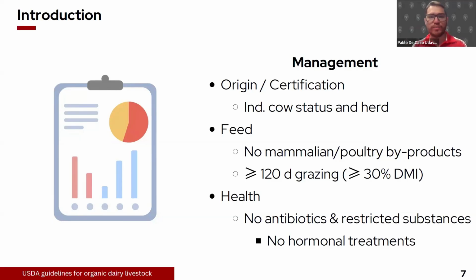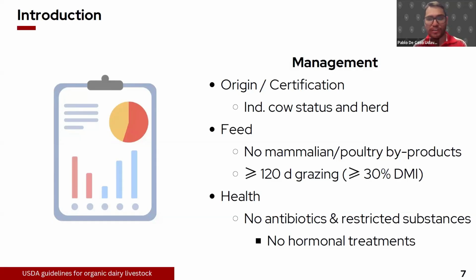Also, something really important is the feed that is going to be given to those animals. An important consideration, which comes from the guidelines of the National Organic Program, the one that sets the rules of the game for organic production, is that no mammalian or poultry byproducts can be used to feed organic dairy cows.